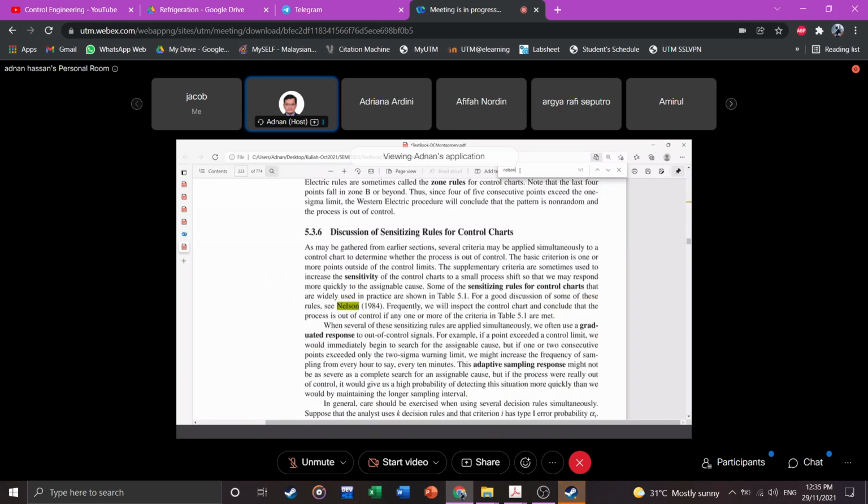This is Nelson's runs rule, which also can be used.